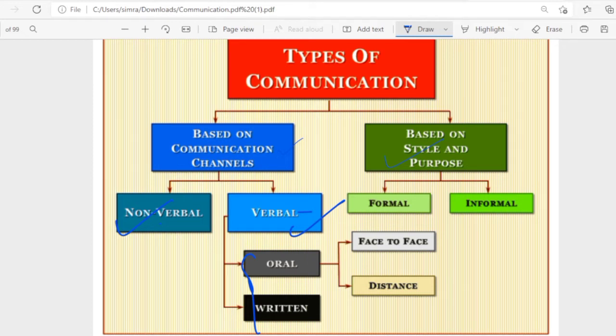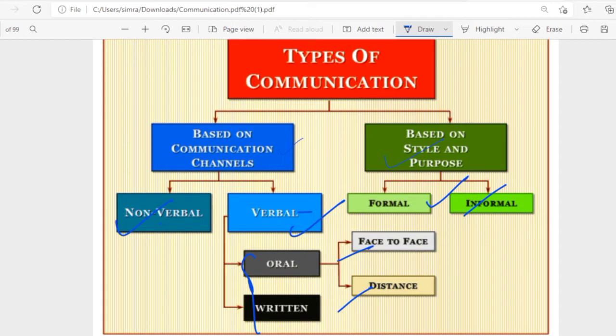In oral we have face-to-face, distance. Distance means when you are doing a video call, suppose you are in one city, your friend is in another city, and you are doing a video call. You are speaking to that person orally, but you are at a distance. Face-to-face is what you do with your friends, family members day to day.